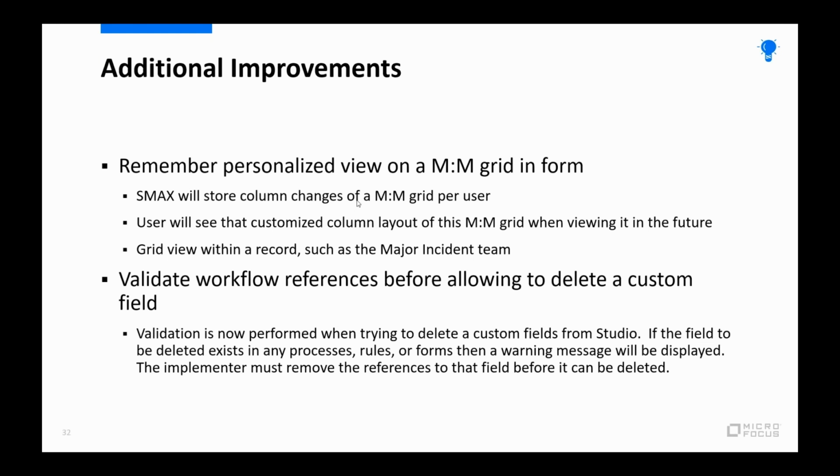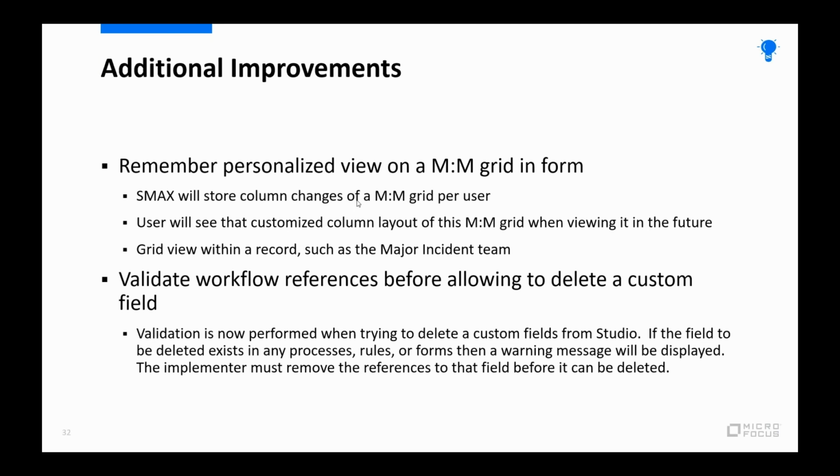And now we have an improvement around users personalizing their view of many-to-many grids in many locations in forms in the tool. So you've had the ability to configure the columns on many-to-many grids. However, that information was not persisted anywhere. So if you're on a record and there's a many-to-many grid and you add a bunch of columns and you rearrange them so you're getting the information you want, the next time you go back there, you'd have to do it all again.